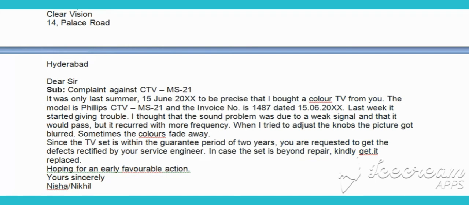You can see it is written in the same format and the subject is complaint against CTV MS21. So all the necessary details must be mentioned in your letter, like what kind of TV, brand, invoice number, date, and then all the details about the problem you are facing.